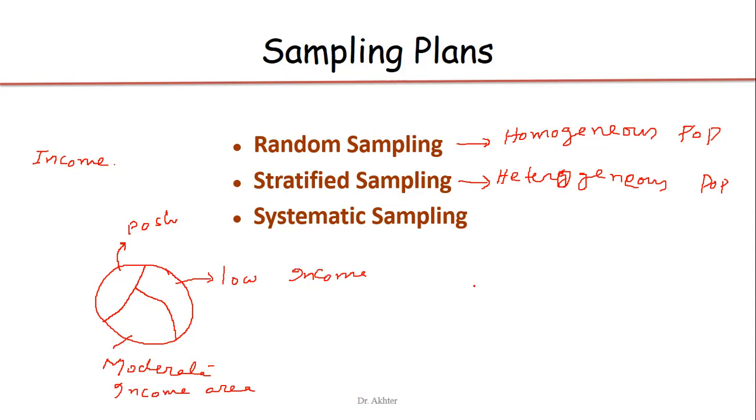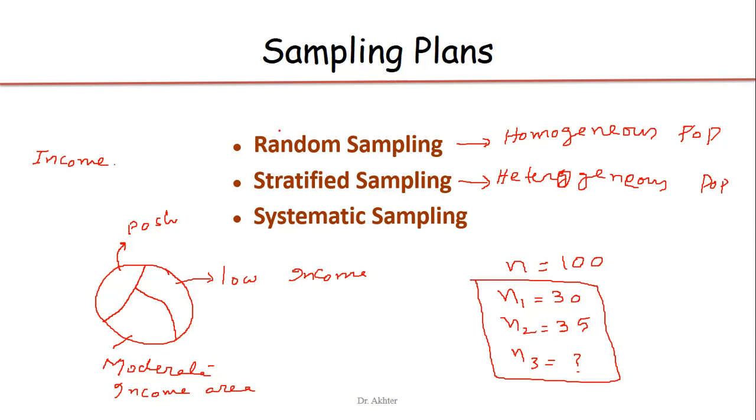Now we have to select a random sample of 100 from this population by stratified sampling, as with respect to income the population is heterogeneous. So I can have a random sample of 30 from the posh area and 35 from the middle income area, and the remaining will be selected from the low income area. So 100 has to be completed.